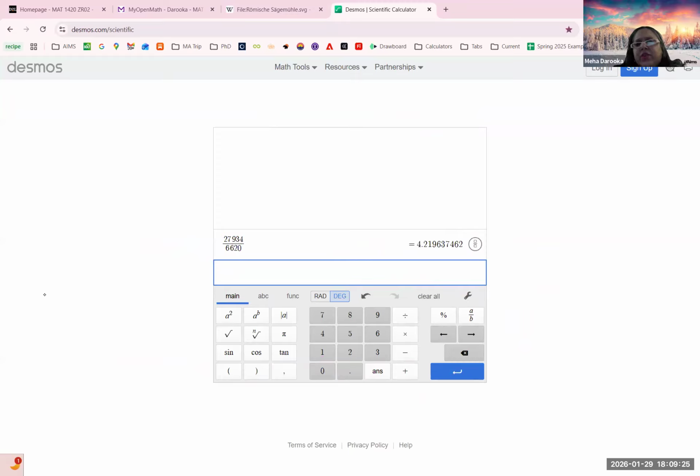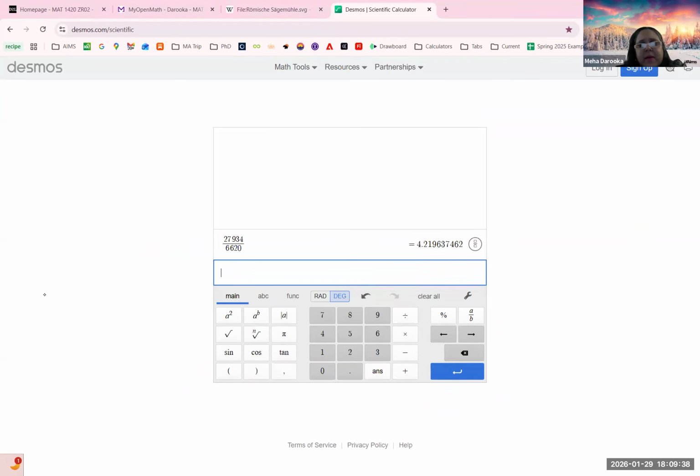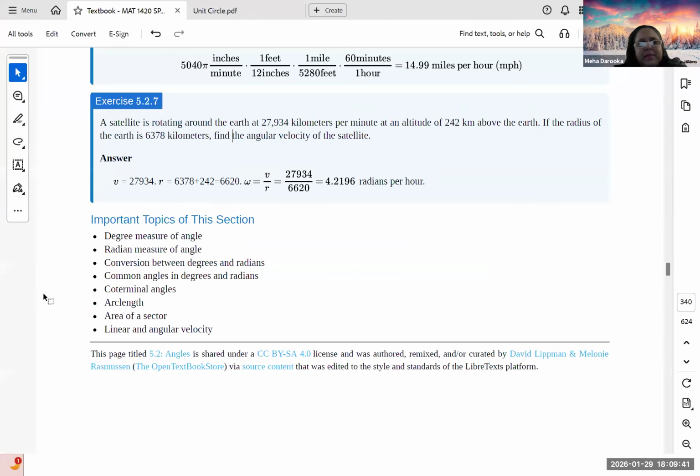As you go through your examples for problems like these, I would hope that they tell you what kind of rounding they want. Do they want 2 decimal places, 3 decimal places? Based on that, you should be able to come up with your rounding. And you can see in the example in the textbook, they left it at 4 decimal places.